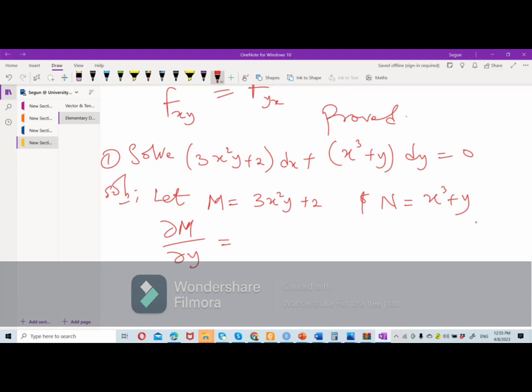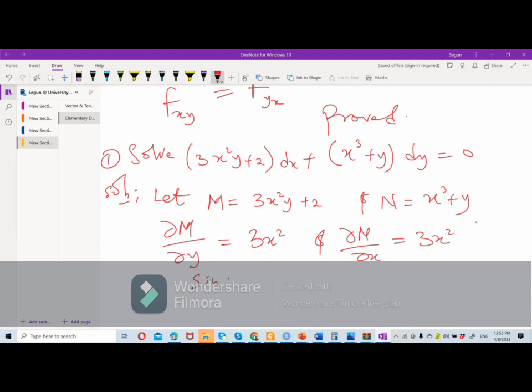So if you are differentiating with respect to y, what do you have? You have 3x², because the 2 is a constant. Then for N with respect to x, this one will have 3x² too, and this one will turn to 0 because we are differentiating with respect to x.